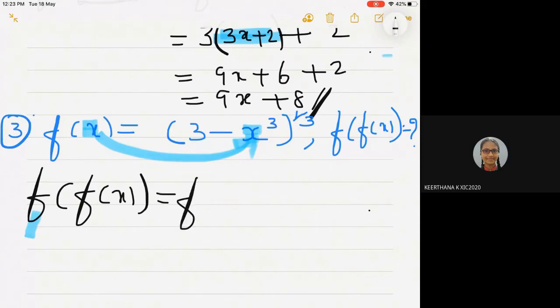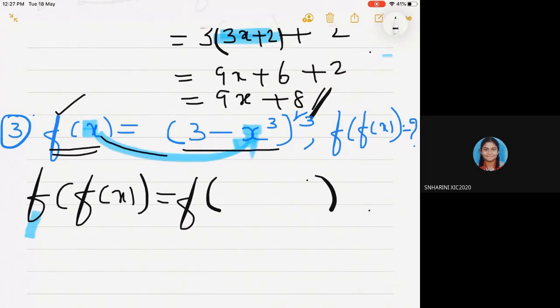First, you will write the interior function value. Please write f of x. Very carefully you have to do this question. See, you have to learn how to change this f of x. One f is changed. This is a change. It is happening. That is, the right hand side expression, in the place of x, this place will be replaced with x.